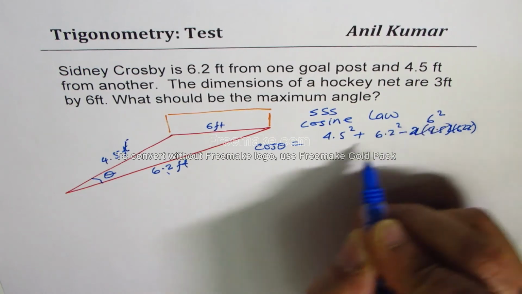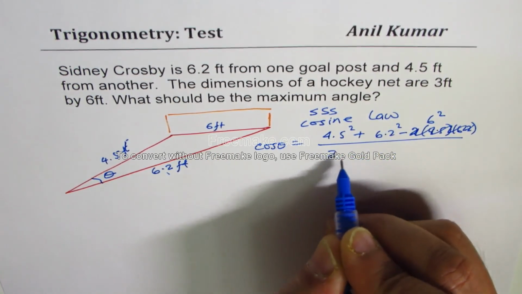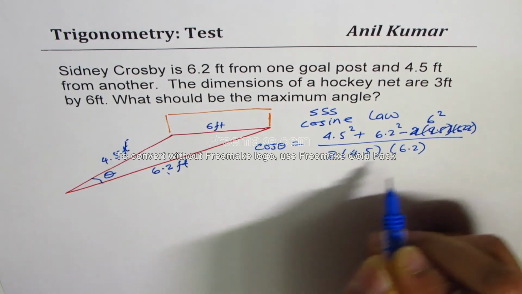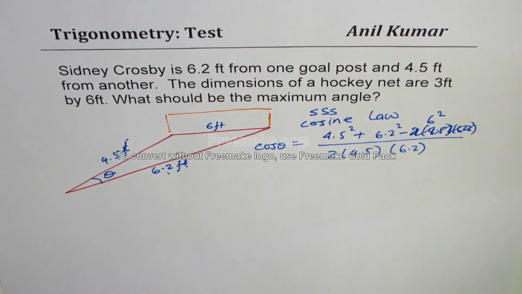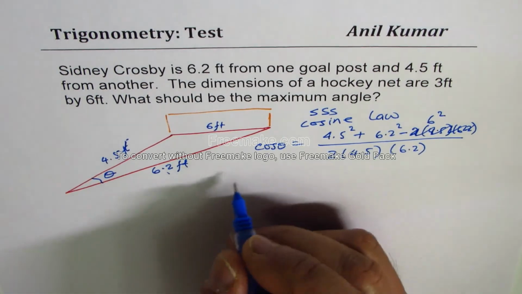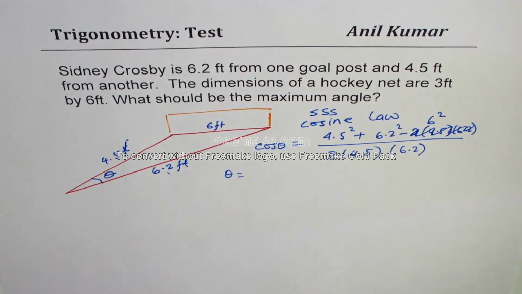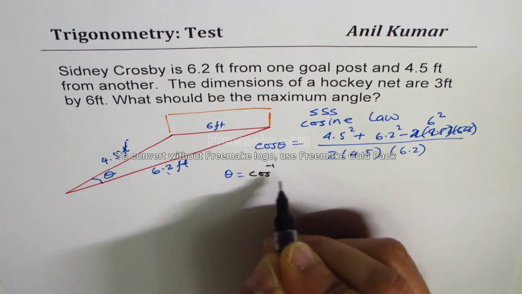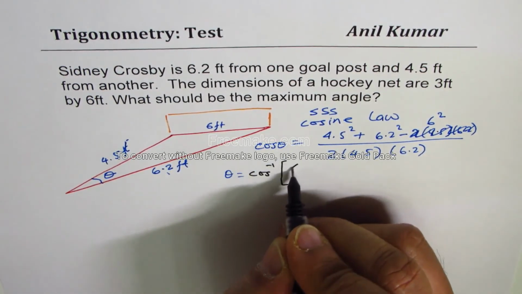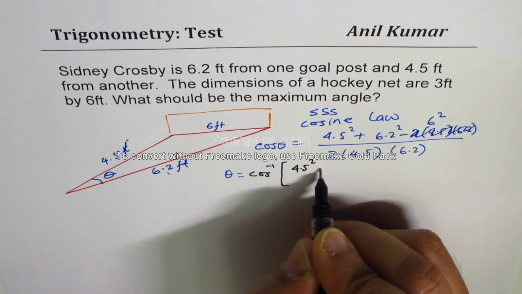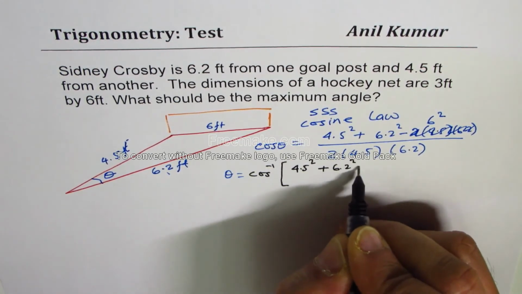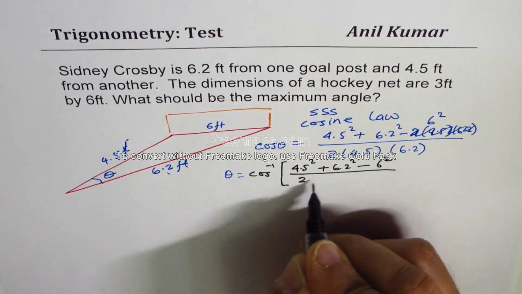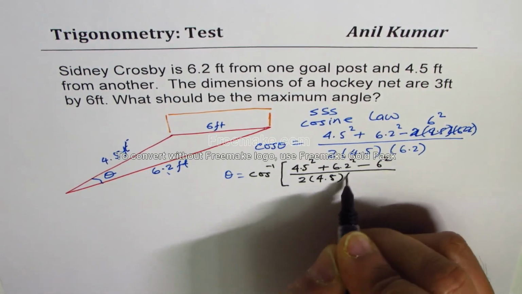Minus 6 square divided by 2 times 4.5 times 6.2, correct? So that becomes the cosine, and theta of course will be equal to, let me rewrite since I messed it up, cos inverse of, within brackets, 4.5 square plus 6.2 square minus 6 square divided by 2 times 4.5 times 6.2.